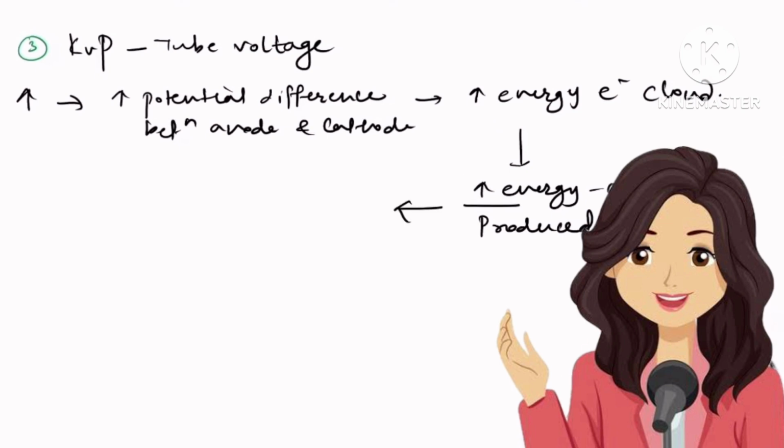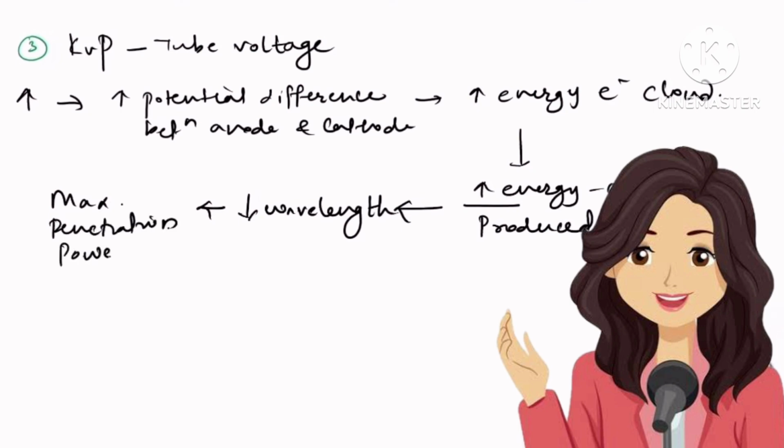Initially, I told you energy is inversely proportional to wavelength. So they will have the lowest wavelength. Maximum energy means maximum penetration power of X-rays. What is the significance of it? This controls the quality of X-rays.